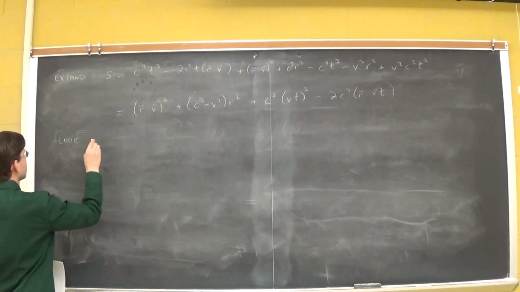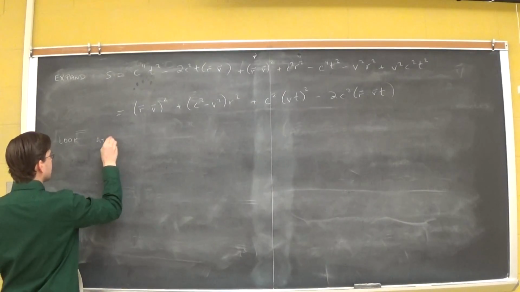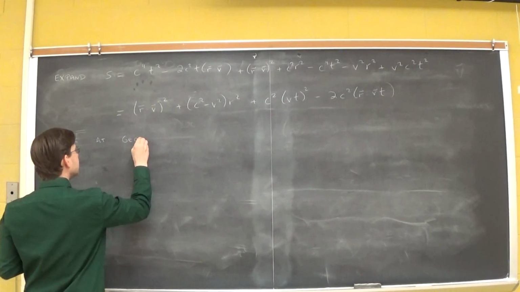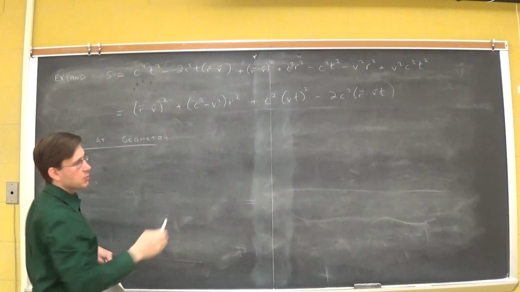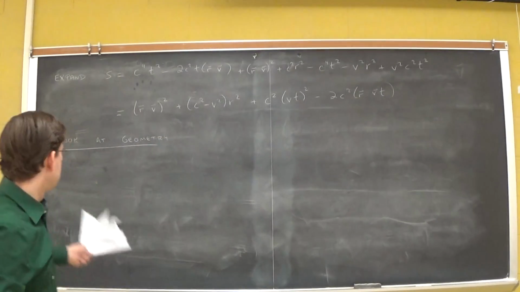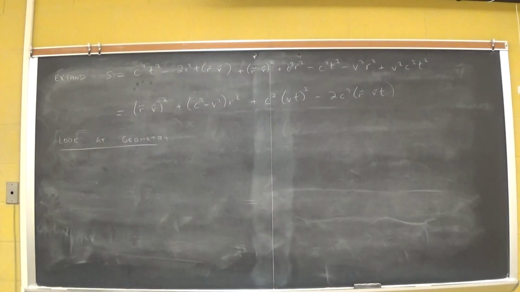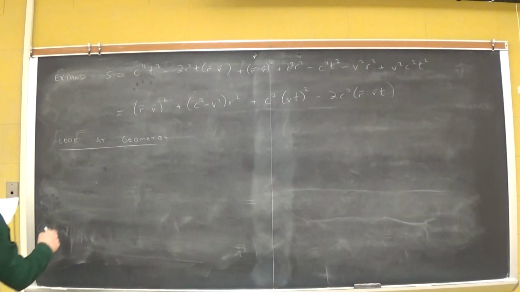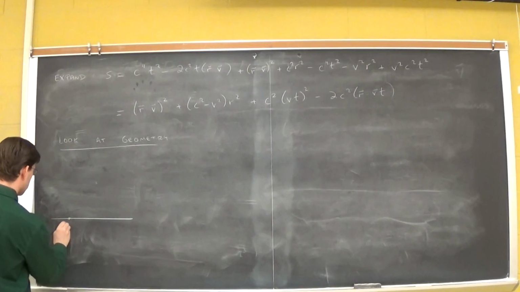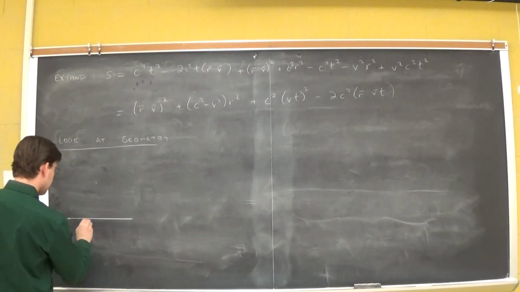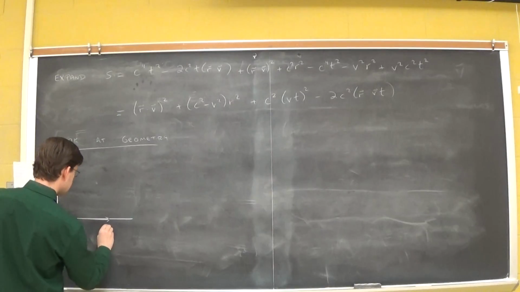And the next key here is to look at the geometry. Okay, making reference to what's going on physically in this system is going to help us bring that last little bit and simplify that expression. So in our geometry, we have a particle, charge q, moving with some constant velocity v.